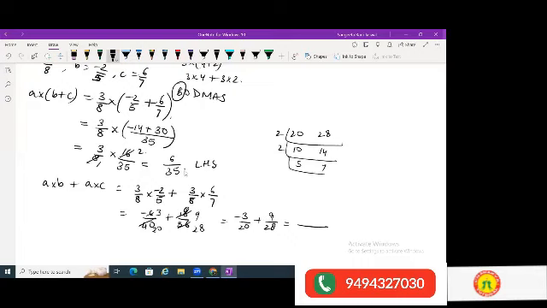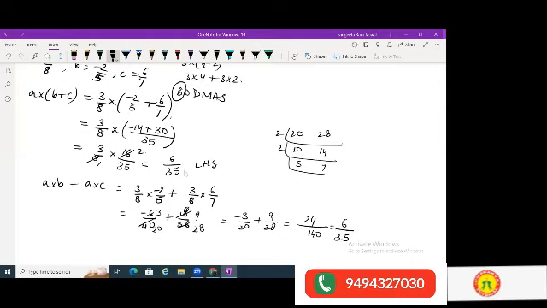That means 4 5s are 20. 20 into 7 is 140. So you get 140 here, and here you have minus. This is minus 3. So you have here plus 9. This gives you 24. So you solve, you will get your numerator to be 24. Okay. So you get 6 by 35.